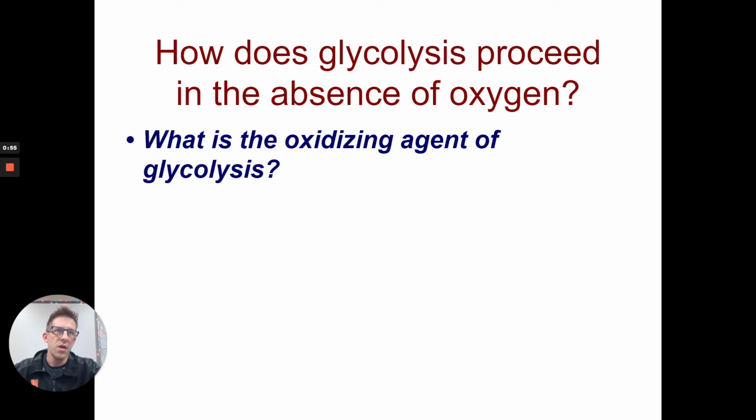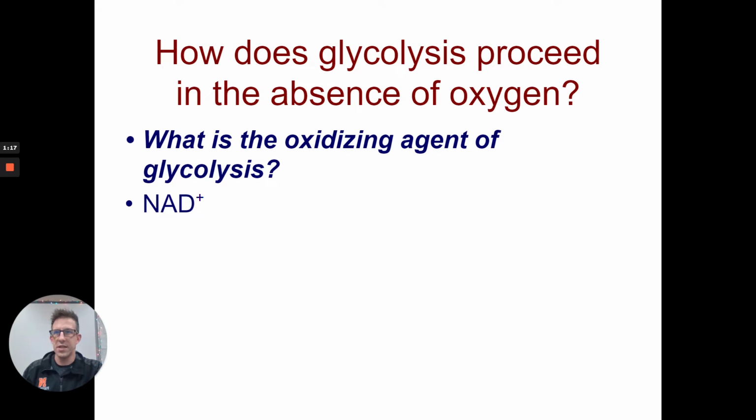To understand the process of continuing in the absence of oxygen, we have to review a little bit about our oxidizing agent. If you recall, the oxidizing agent of glycolysis, and really all of cell respiration, was NAD+, right?